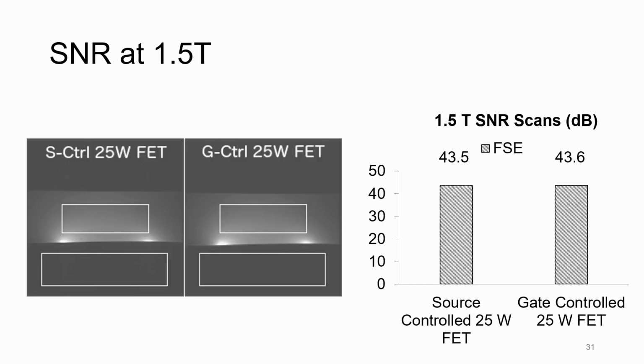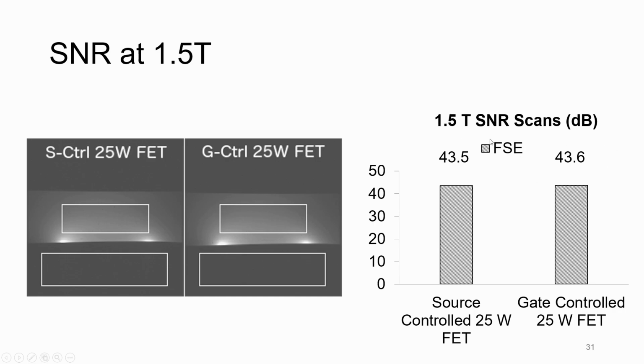And so I mentioned earlier that we built 2 different FET-based Q-spoiling coils. And in this slide, we're going to show whether there's a difference between our source-controlled FET-based coil and our gate-controlled FET-based Q-spoiling coil. And from looking at schematic 1 and schematic 2, we see that in this particular scan the SNR difference is almost insignificant.